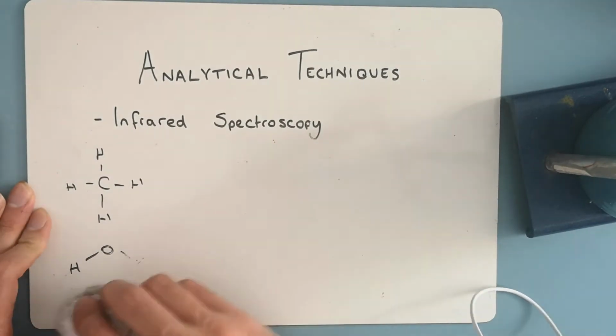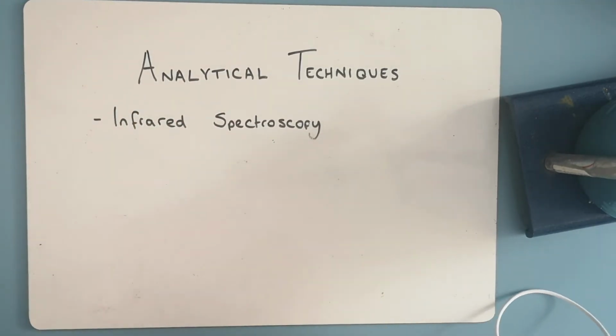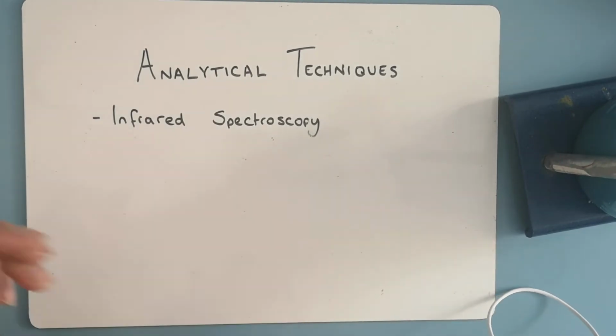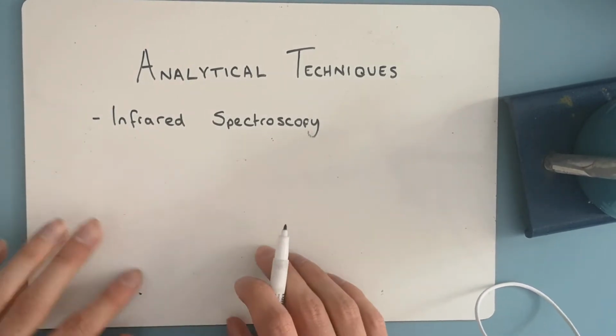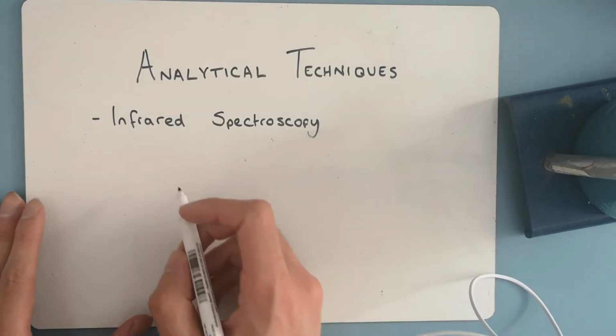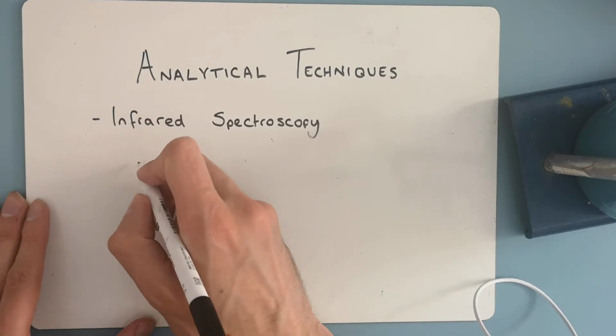But we can take advantage of this property in analysis. What we do with the compound is replicate that. We shine infrared light at different frequencies, and we get a little graph.